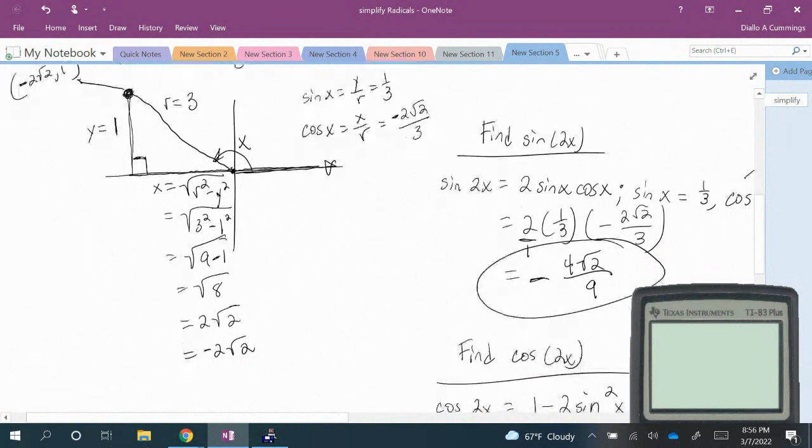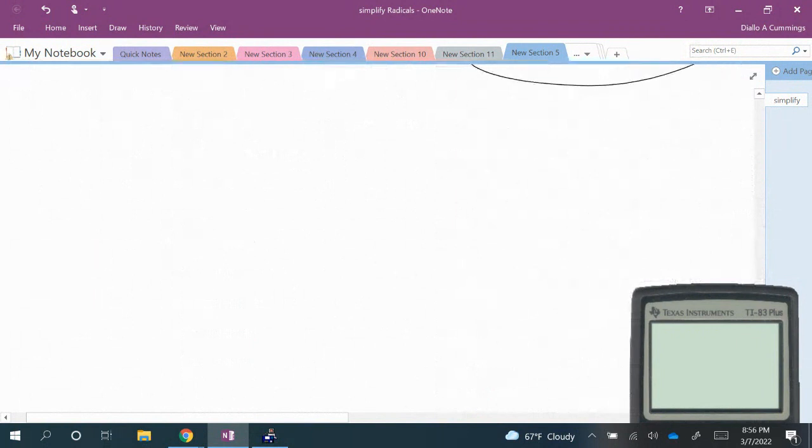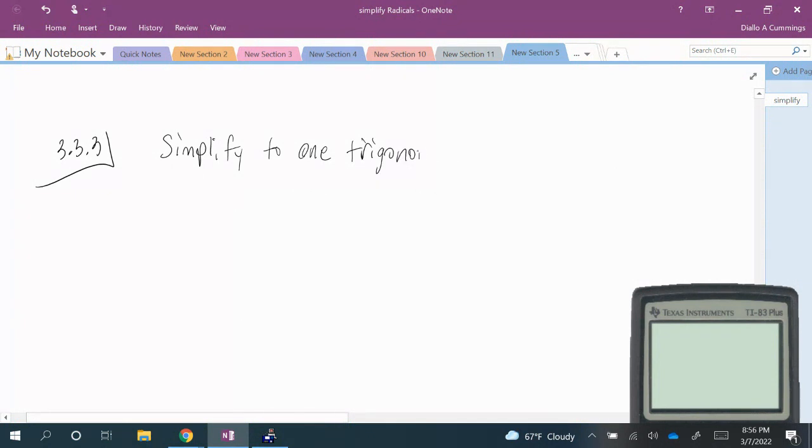Now we're going to take a look at a problem that's similar to number 3. This is 3.3, number 3. This one says to simplify to one trigonometric expression.